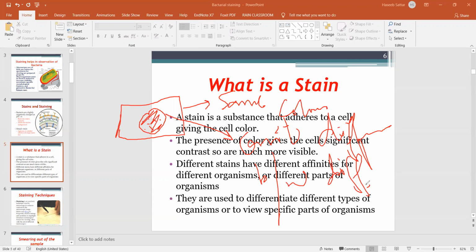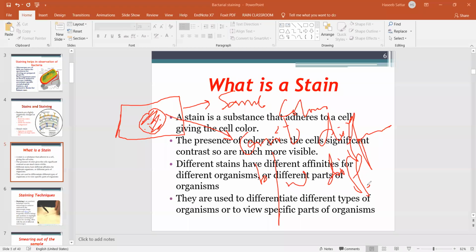So simple staining is a technique in which we just add some stain, some color, on a slide, and then we look under a microscope. It is the simplest technique, but it cannot differentiate different types of organisms.